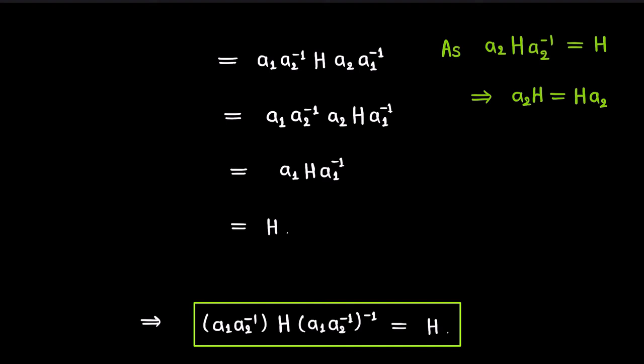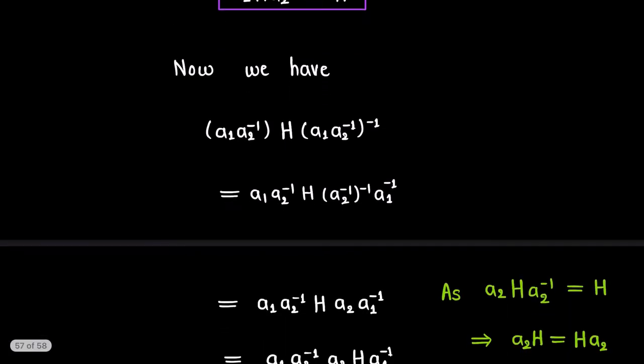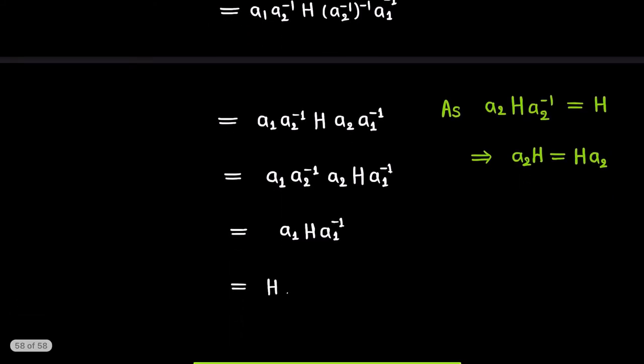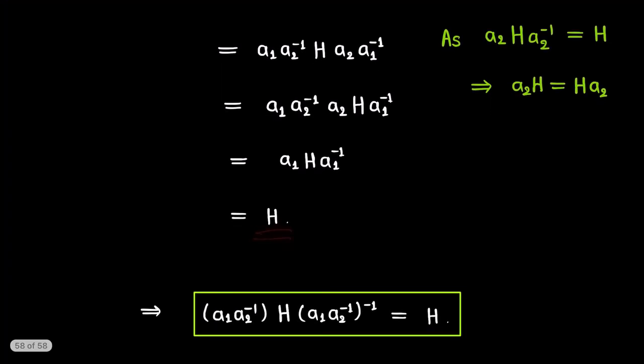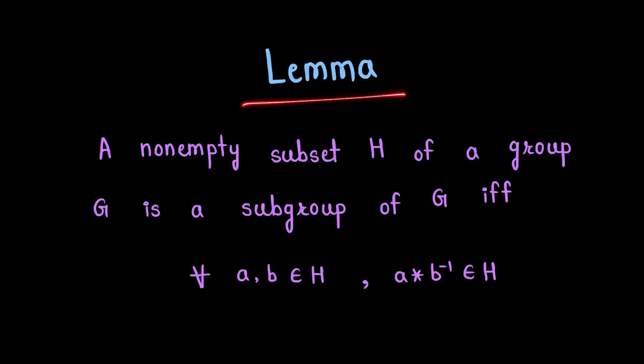But now we know that a1Ha1⁻¹ is again H, so we get (a1 a2⁻¹) H (a1 a2⁻¹)⁻¹ is equal to H, and therefore by definition of N(H), a1 a2⁻¹ will be a member of N(H), and thus N(H) is a subgroup of G by this lemma.